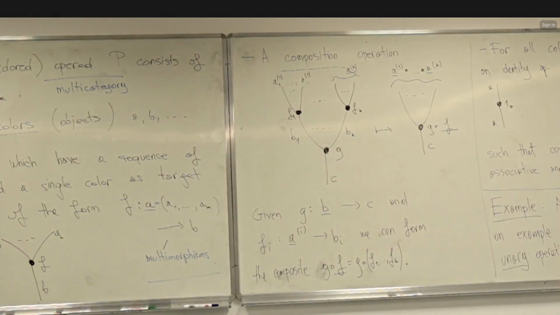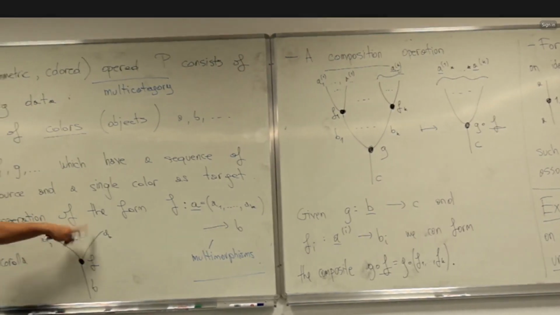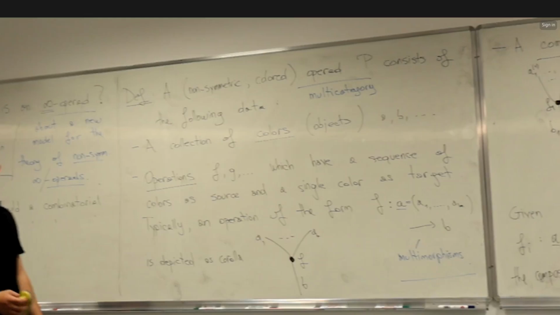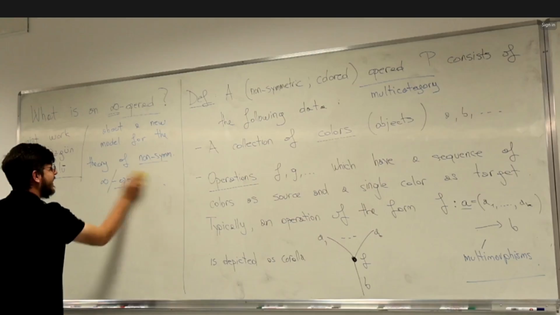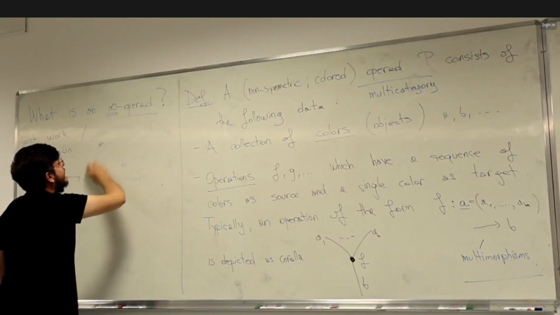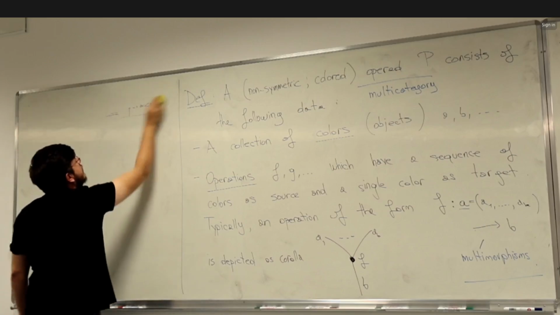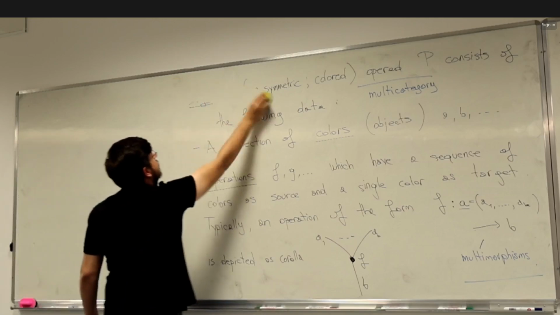But I hope the intuition is clear: just morphisms from many inputs to an output and composition. And so now let's get into the more interesting examples.